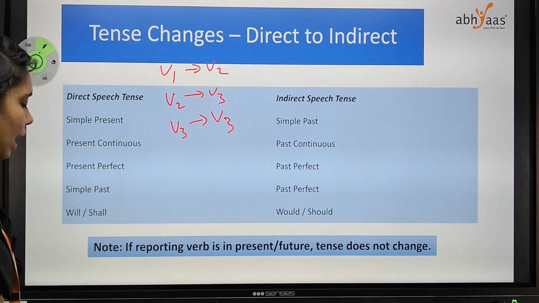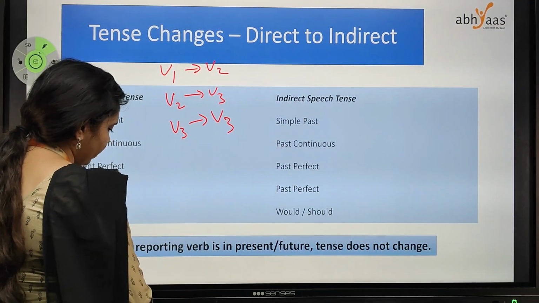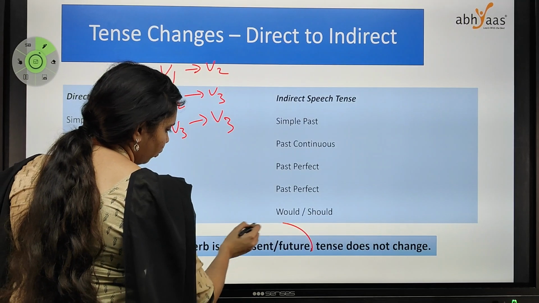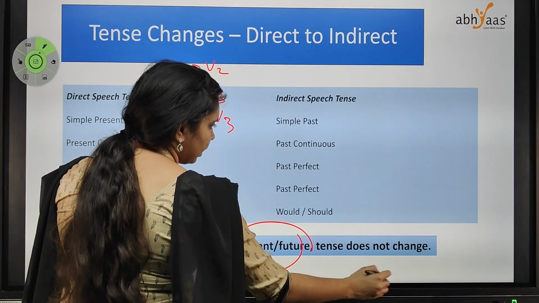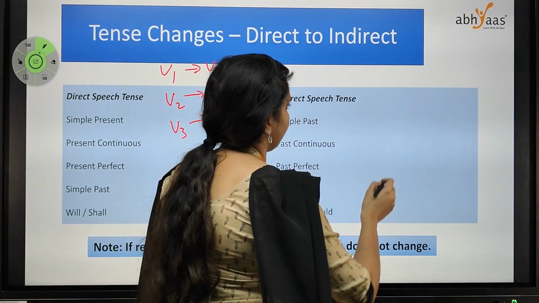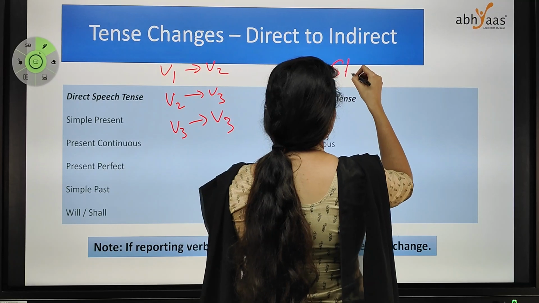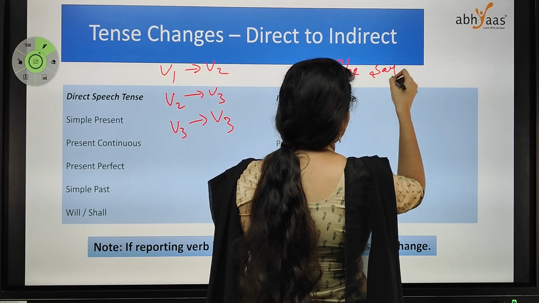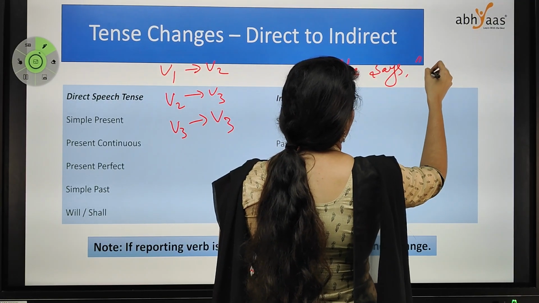Okay. Yeah, there is an important note here. If you observe, if the reporting verb is in present or future tense, tense does not change. For example, look at this.